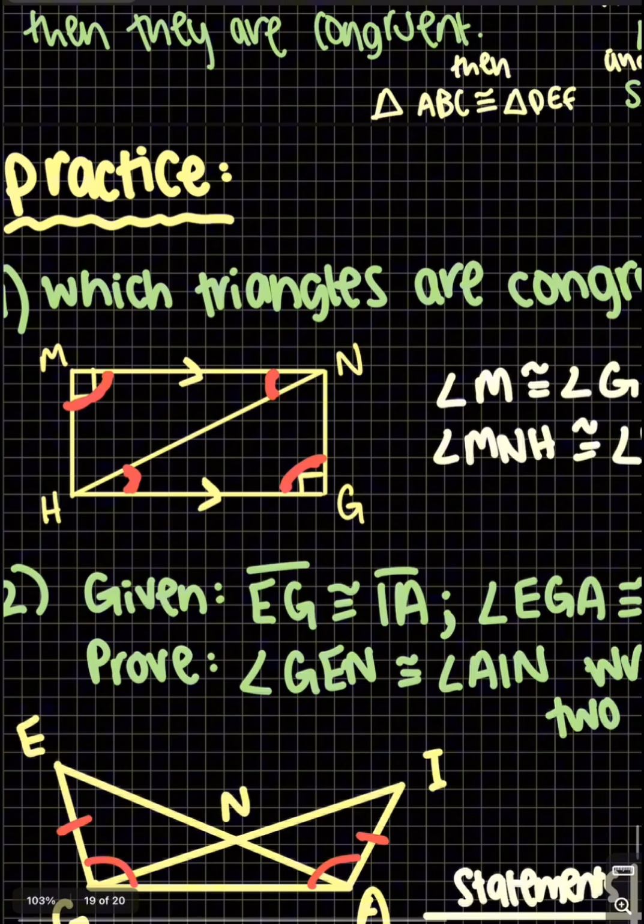There's actually multiple ways you can go about this. But I think the easiest and most obvious way is that because both triangles share one side, both triangles share the side HN, you can say that HN is congruent to itself.